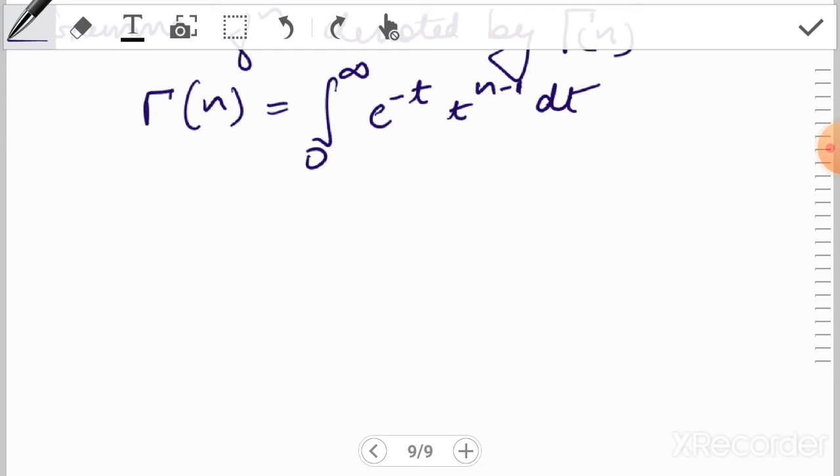So the standard results of gamma functions are: gamma(1/2) is equal to root pi.